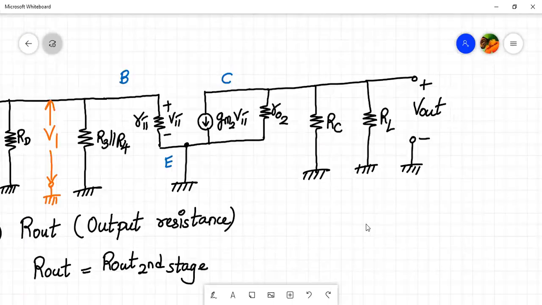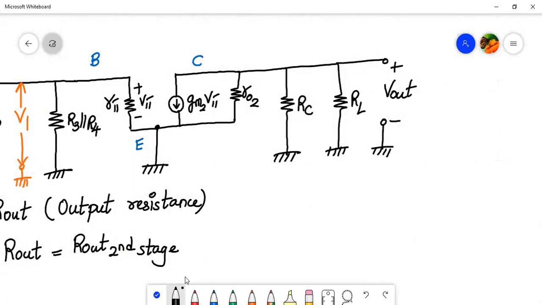So let me go over here. Yeah. So where do I mark the output resistance over here? The output resistance will be seen from this terminal. So if you stand over here and look to the left hand side, what do you see? You see resistor RL in parallel with resistor RC in parallel with resistor RO2. Now, if you look further, we will see a current source. Now, a current source will offer infinite impedance, right? So from here, it's an open circuit, correct?